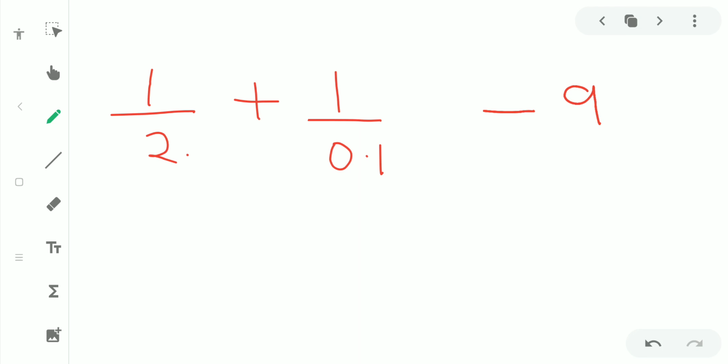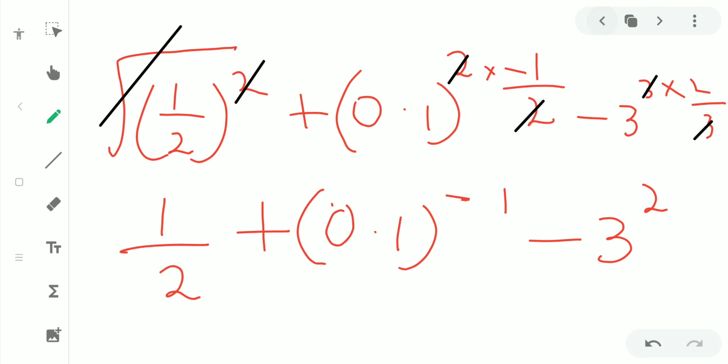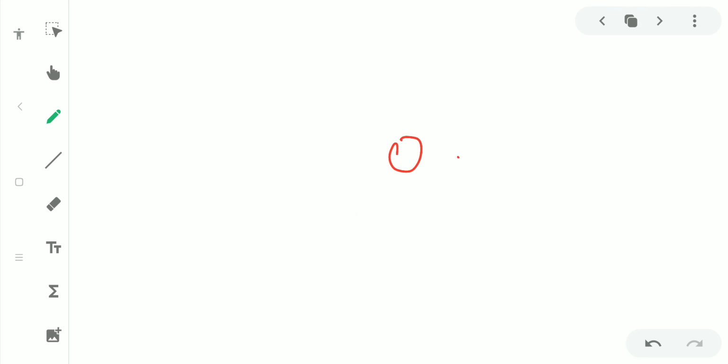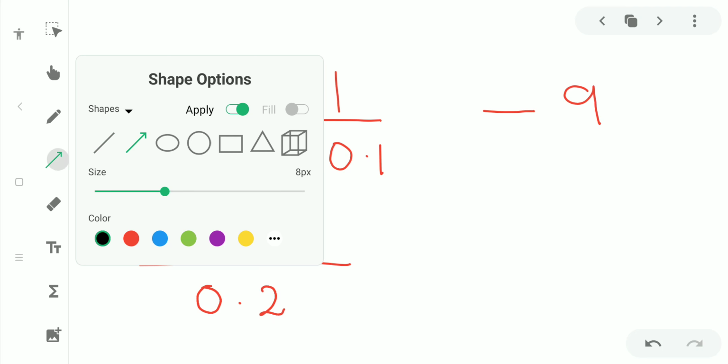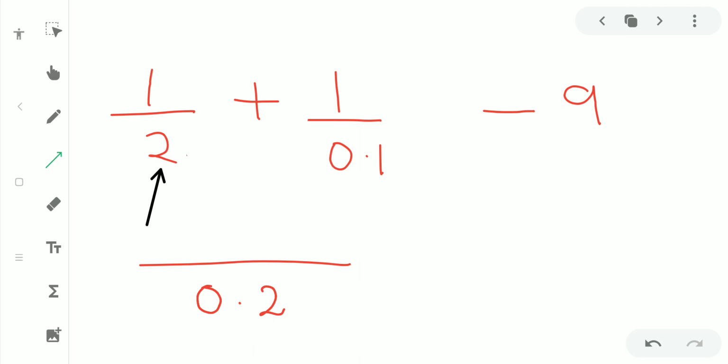On taking LCM, we'll have 0.1 multiplied with 2, nothing but 0.2. That is our LCM, 0.2. So here you have 2. So 2 divided by 10. So 1 also should be divided by 10, and you will have 1 by 10, which is equal to 0.1 here.